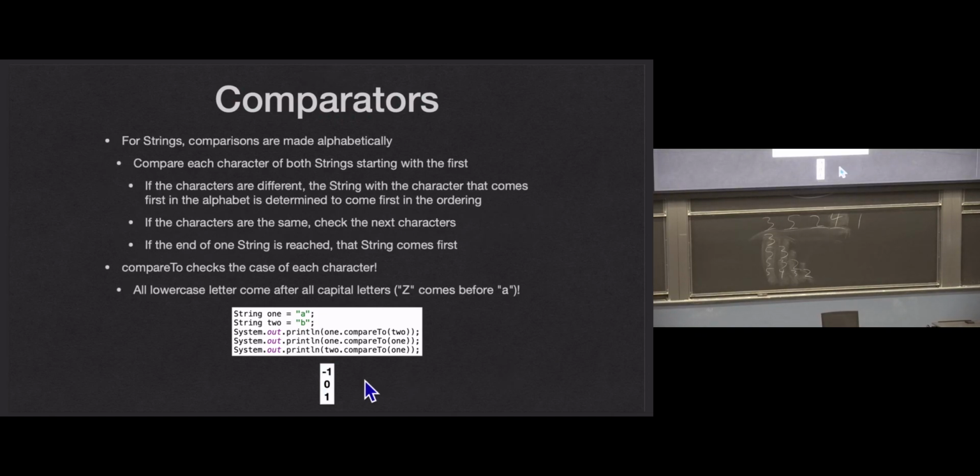And if we're checking strings, compareTo will check in this very specific order. It'll check them alphabetically, well, not quite alphabetically. They're alphabetical, but how do I word this? Capital letters, every single capital letter will come before every single lowercase letter.